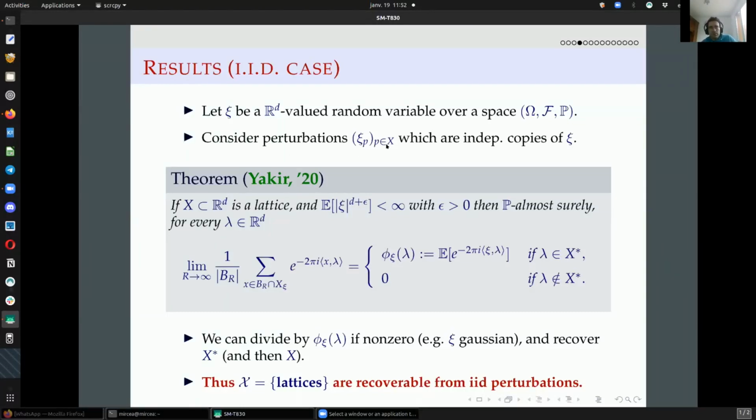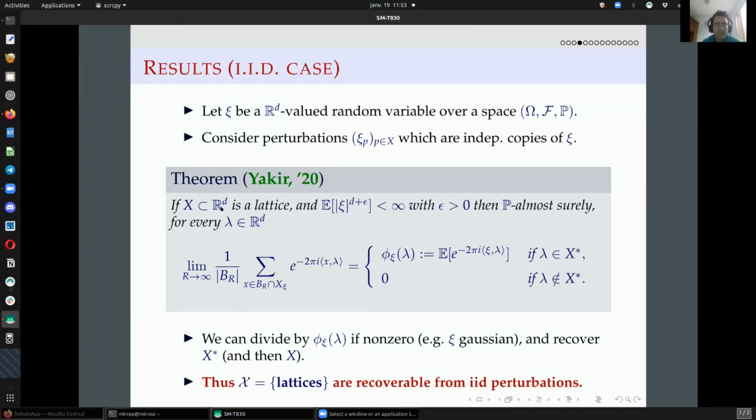I have a change for every point in my set X, and I consider the case that these are independent copies of the same random variable. Okay, I flip a coin and I get a vector for every point, and I get a perturbation of my set X with this choice of perturbations for every point, independently for every p again. And then the result of Yakir is the following.